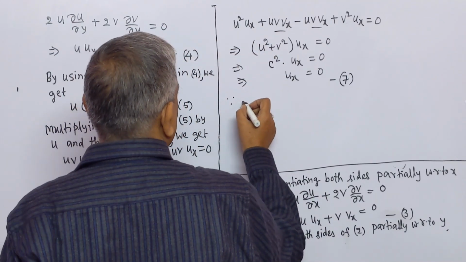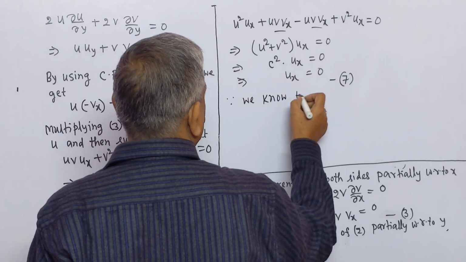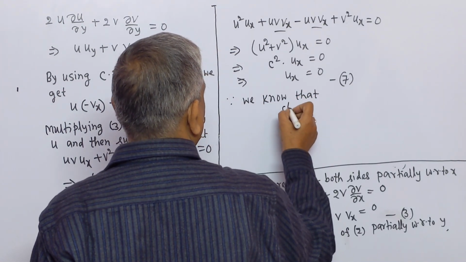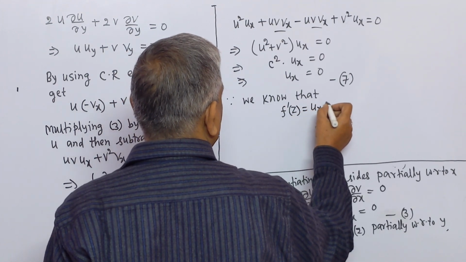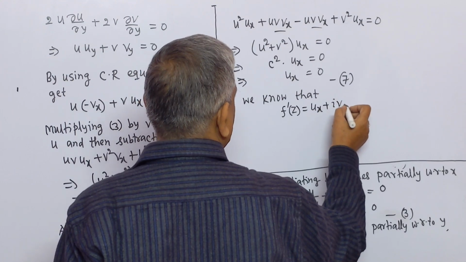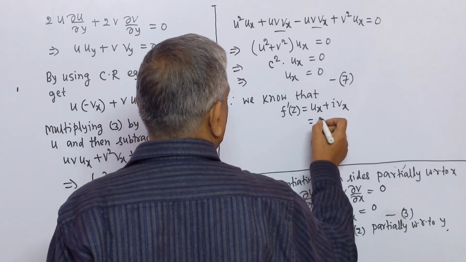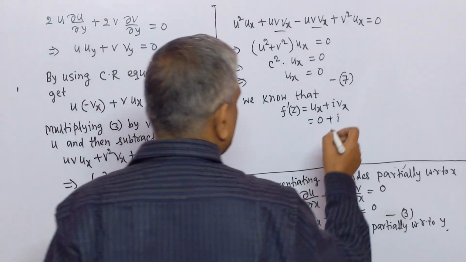Since we know that derivative of f(z) equal to u_x plus i v_x, u_x is 0 from 7 and v_x is 0 from 6.